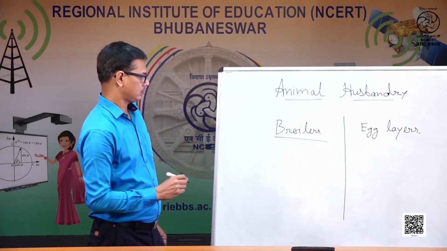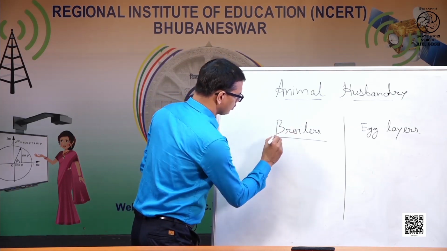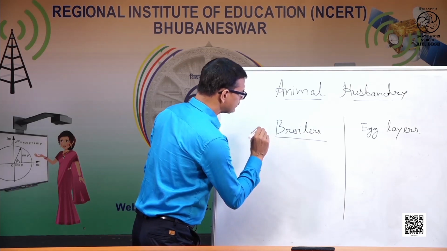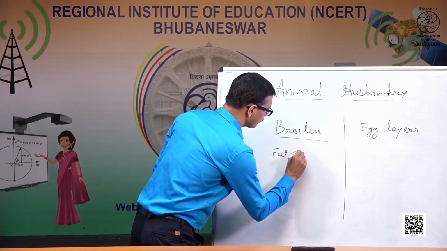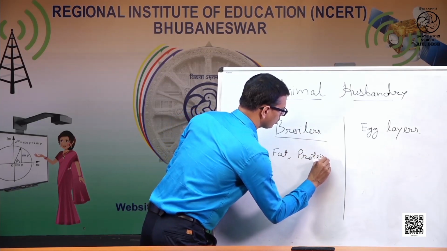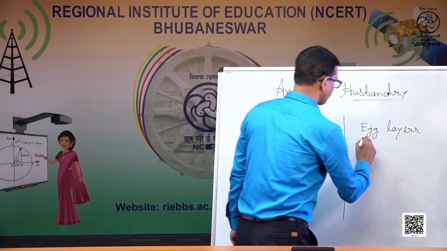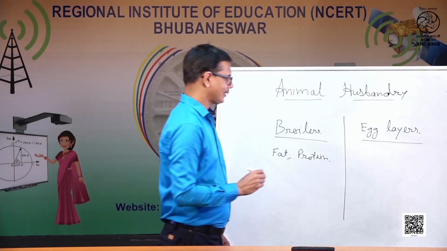As I said, we require meat, then food should be rich in fat and protein, whereas in the case of egg layers it requires grains.